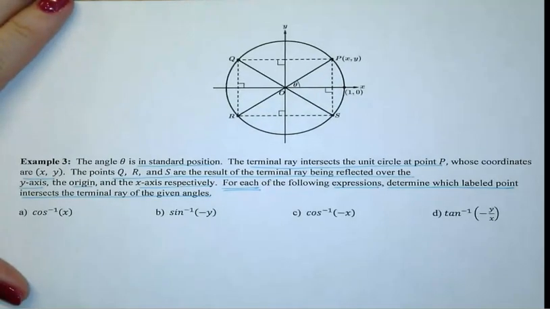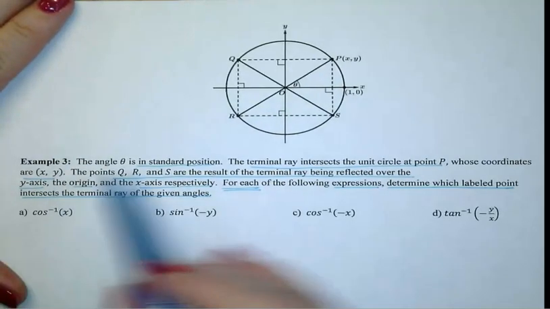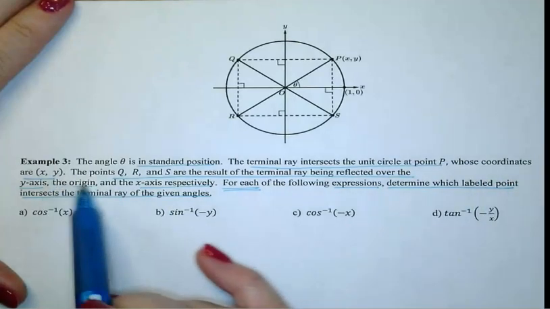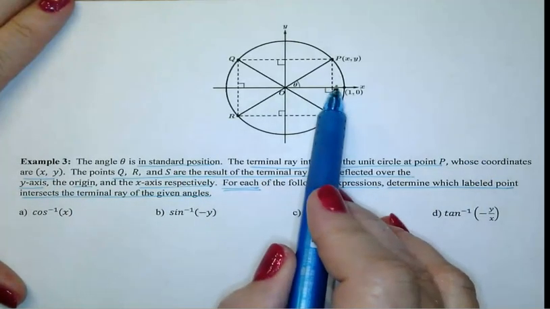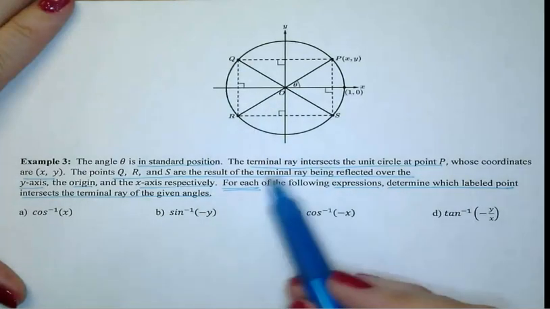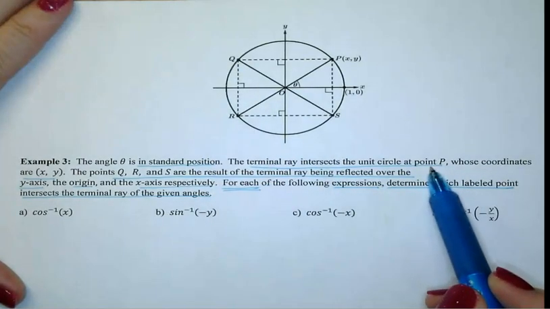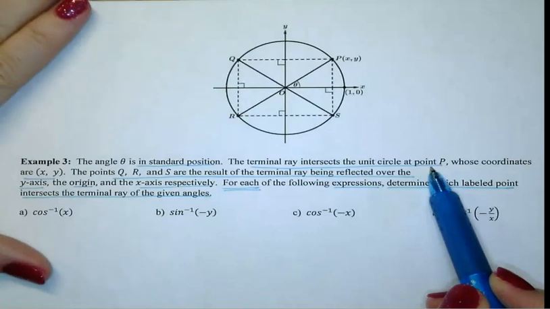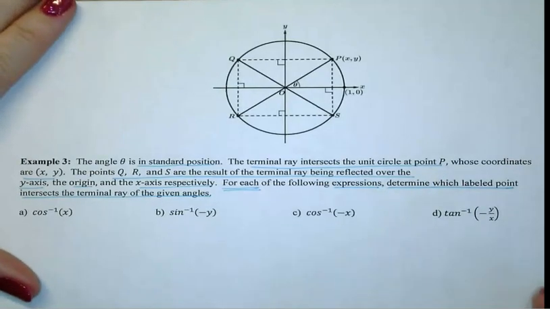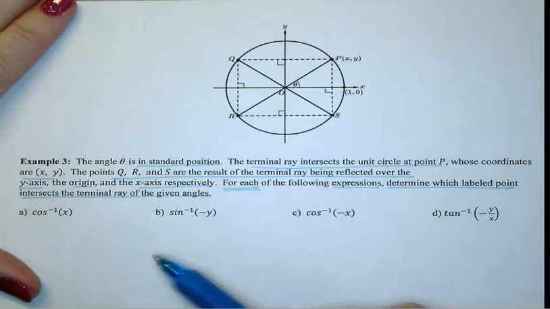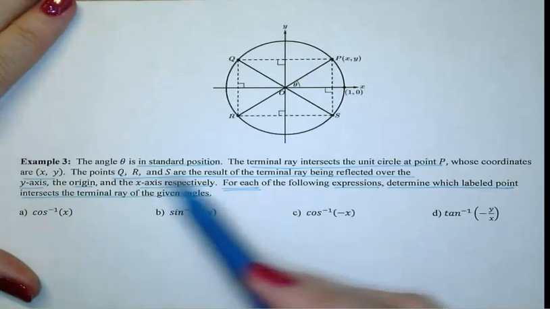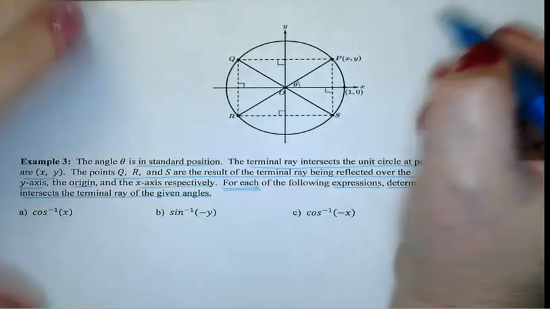So as we're looking at the points and the things that were given in the graph here, we're talking about standard position angles. Opening from the positive x-axis around, we're looking at points at the terminal side of the ray and that angle. Then we're reflecting those points over the y-axis, the origin, and the x-axis respectively.